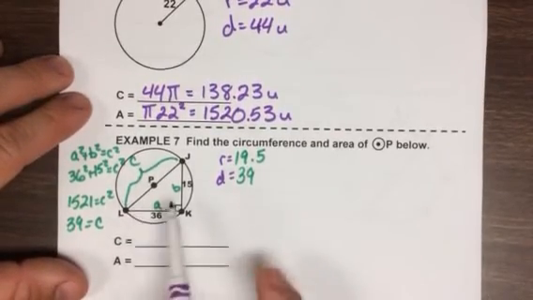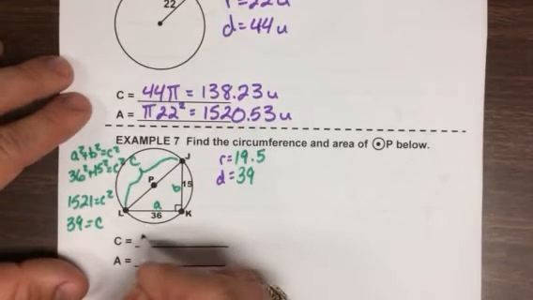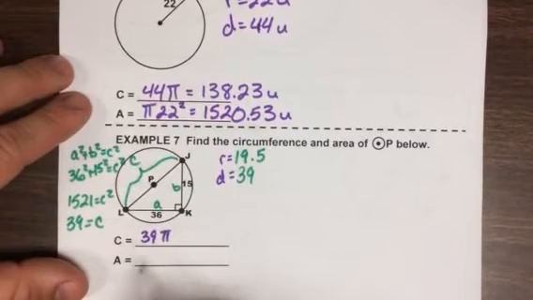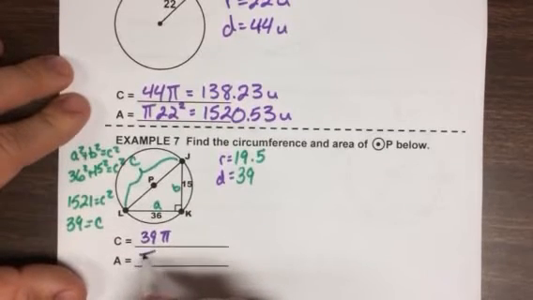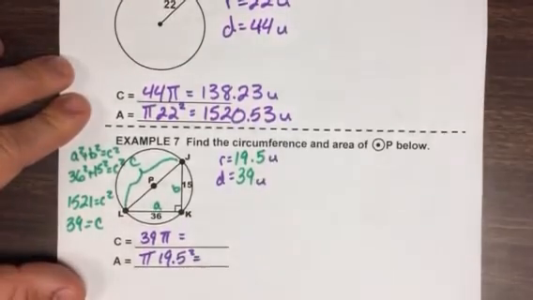So looking at this here, we found their circumference by saying 39 pi, and we're going to find the area by saying pi 19.5 squared. And again, these are units.